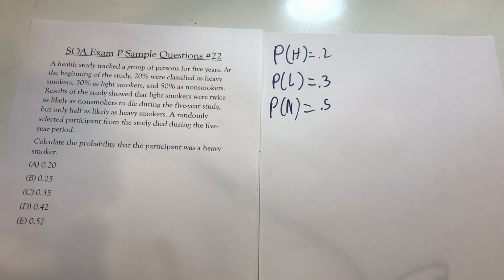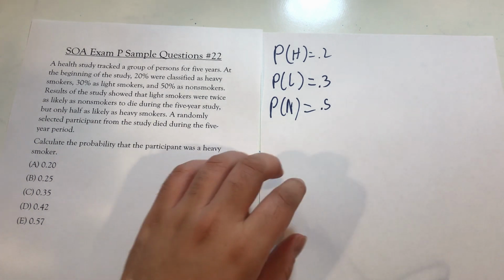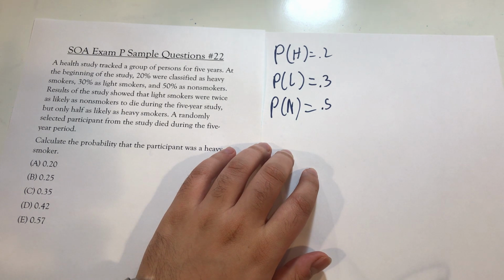So this is kind of a conditional probability related to a different conditional probability. They're making kind of an algebraic expression. So these are kind of word problems you might have seen in 8th, 9th, 10th, 11th grade. So light smokers were twice as likely to die as non-smokers, right?